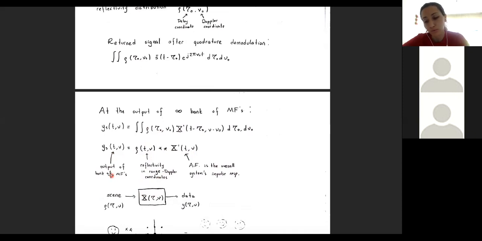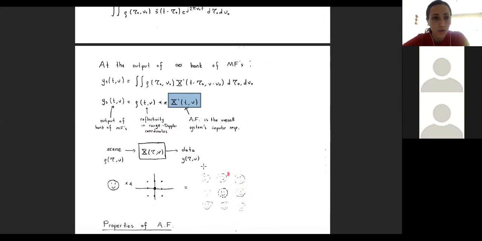So basically, if you are processing your received radar signal using many matched filters, each matched to a different velocity, the overall impulse response of your radar system will be the ambiguity function. Your input signal, the reflectivity distribution of the target, will be convolved with this ambiguity function. So the ambiguity function serves as the overall system's impulse response, and by overall system here, we mean the demodulator plus the bank of matched filters.